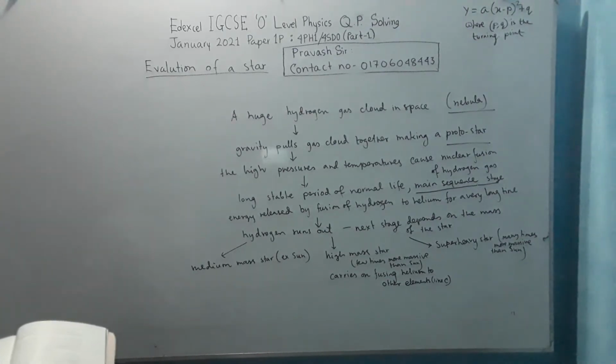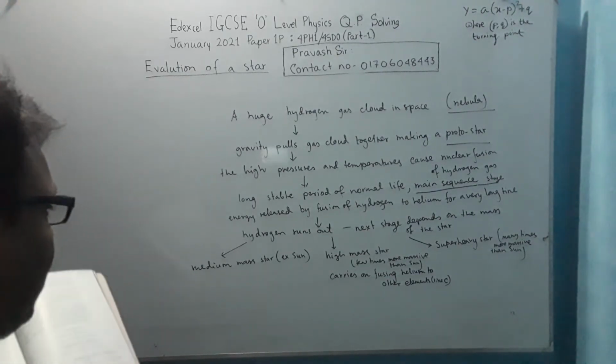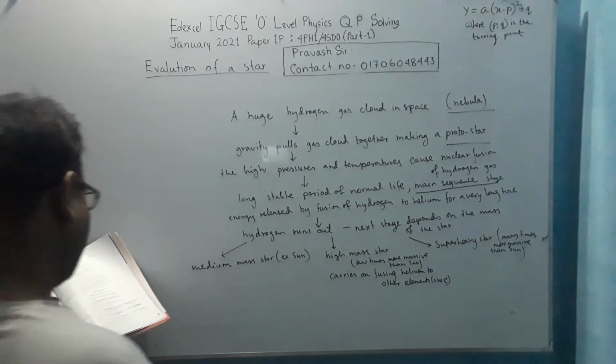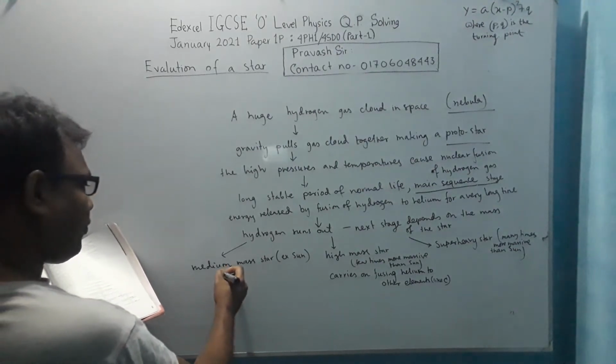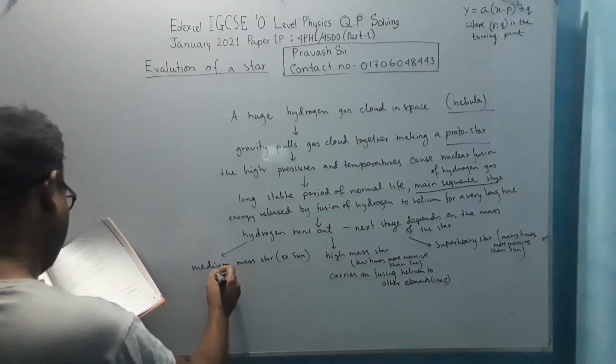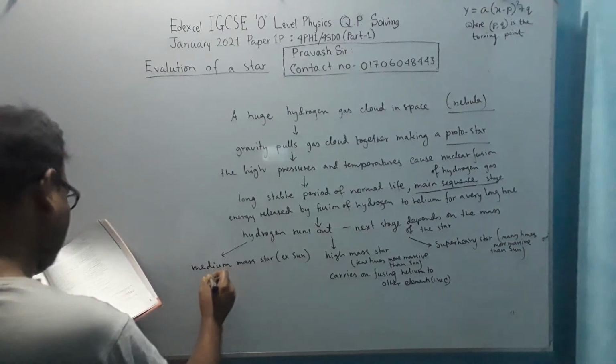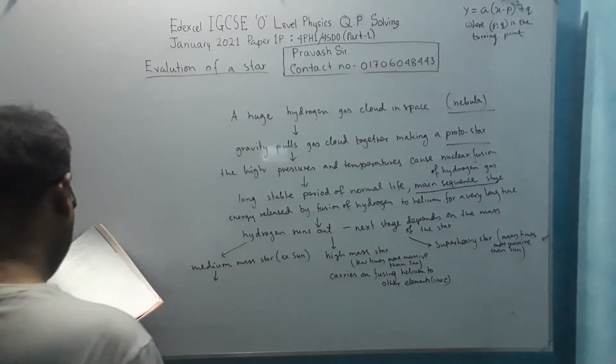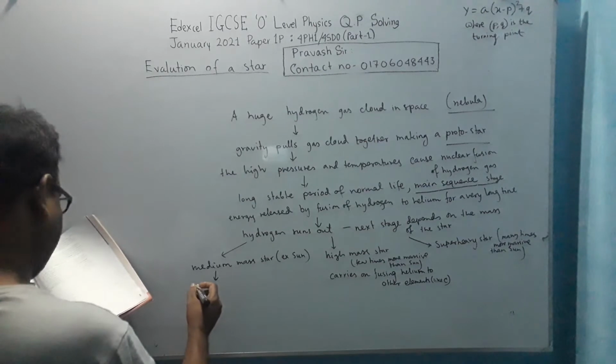So what happens? Let's see. A medium mass star like the Sun turns into a red giant, right?